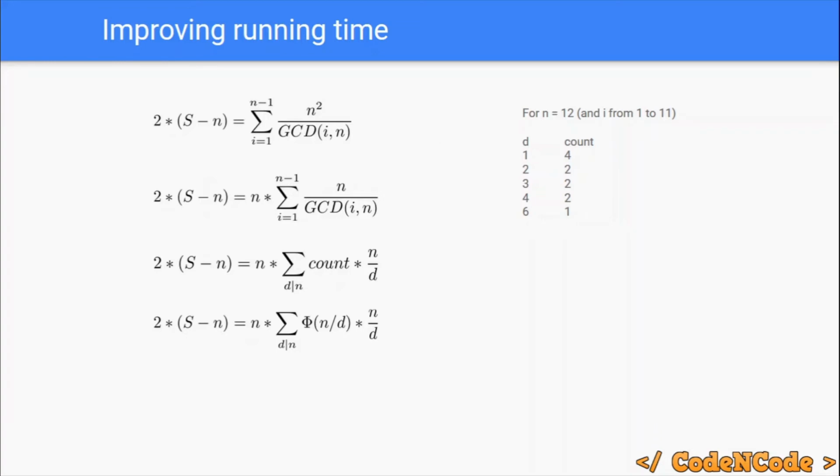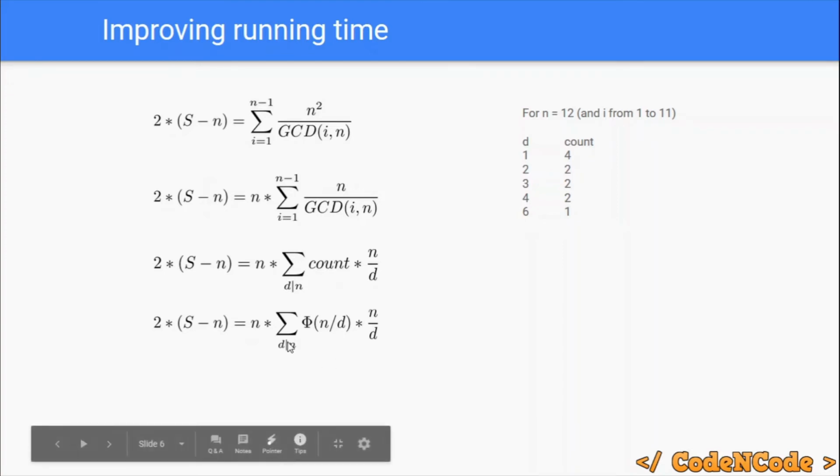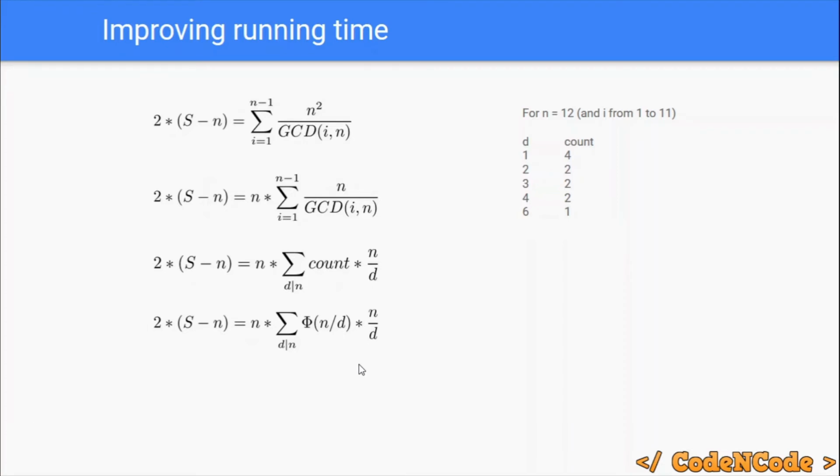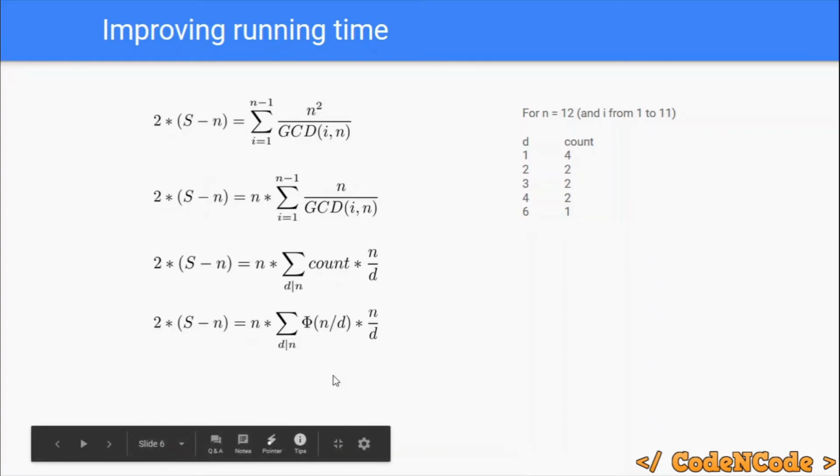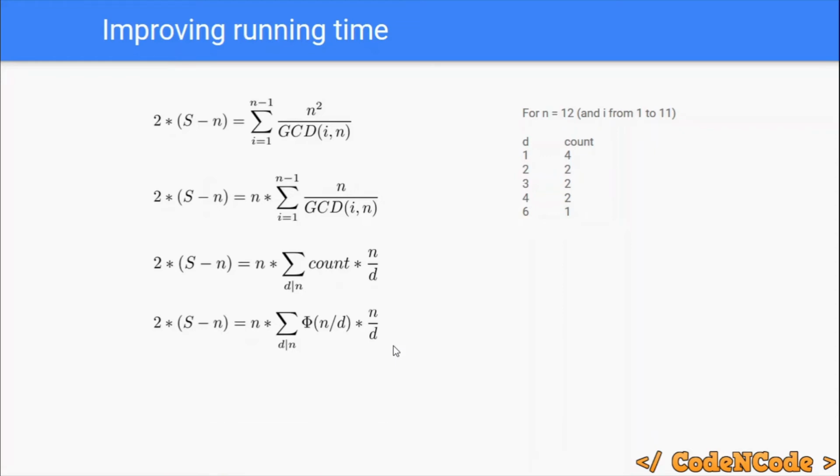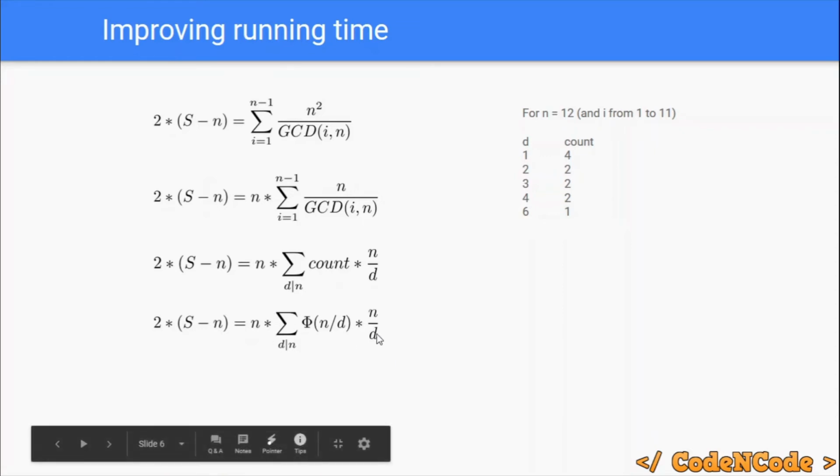That would be done only once. For each query you have to run this loop, so you can answer each query in square root of n time. So you see, we have improved from n log n per query to square root of n per query, right? Using this expression you can evaluate the right hand side in square root of n time.